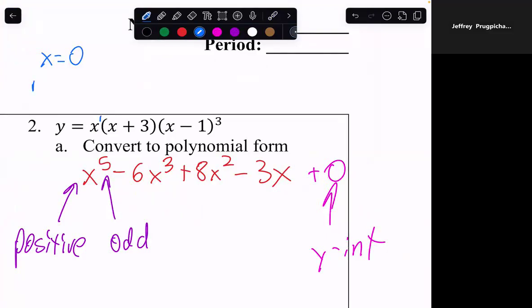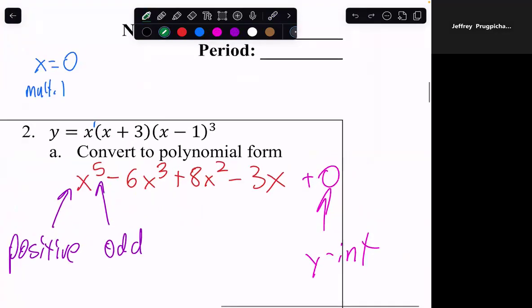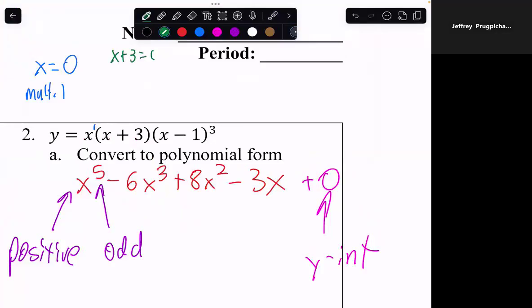Okay, so multiplicity is 1. The next factor of x plus 3, where does that equal 0? At x equals -3. So that root also has multiplicity of 1 because the exponent is invisible 1.